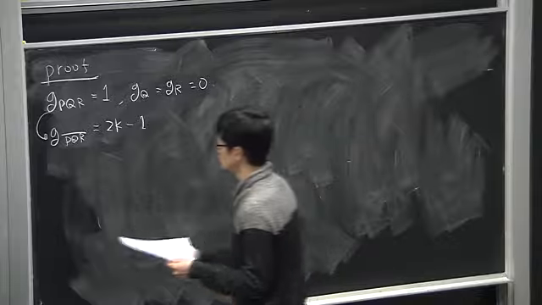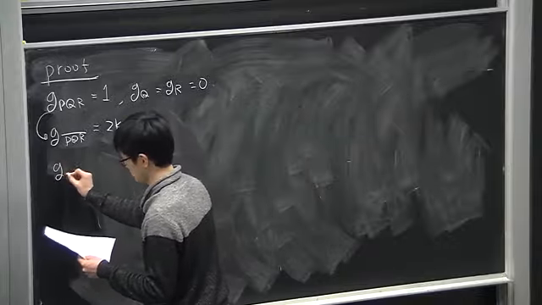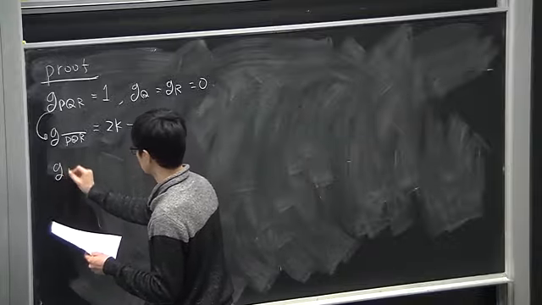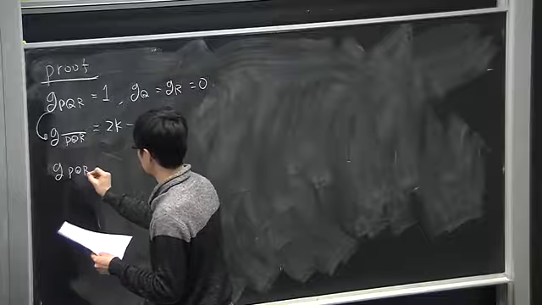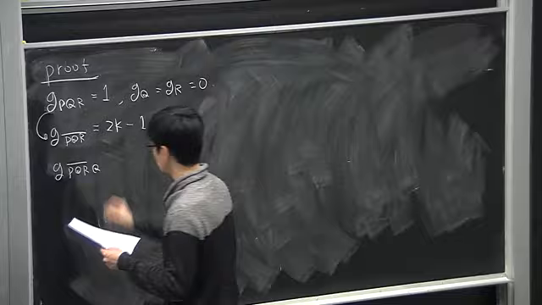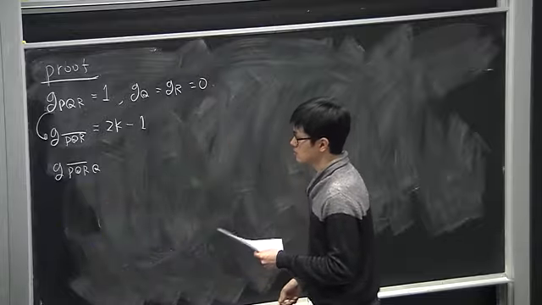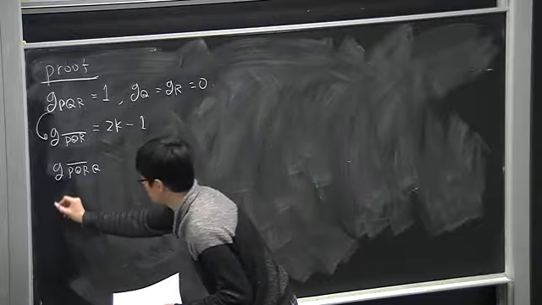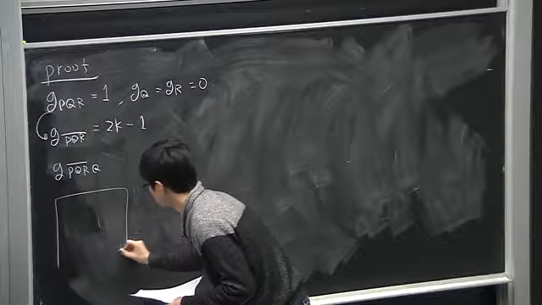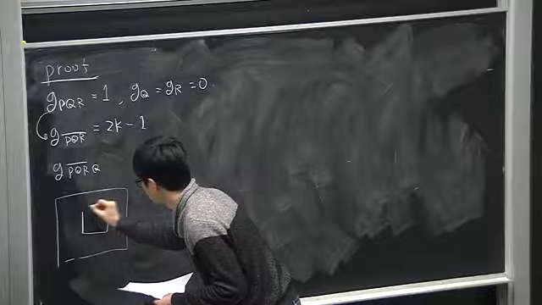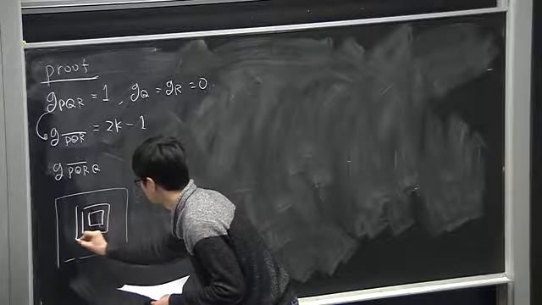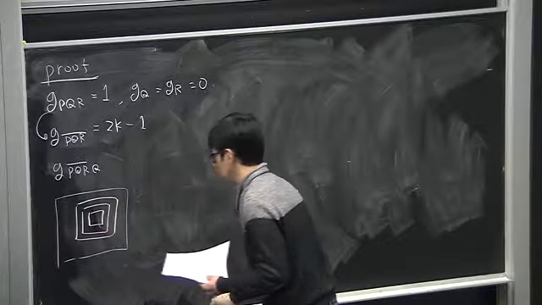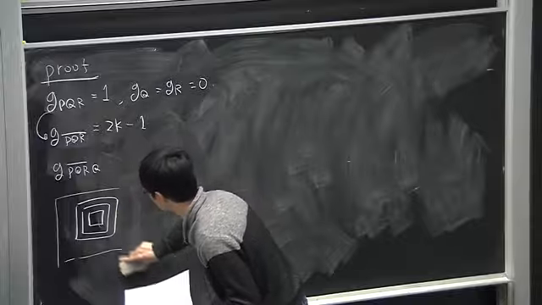Yeah, that's good. But now let's think about this object. By this object, I mean the following. Maybe I should draw it more obliquely.